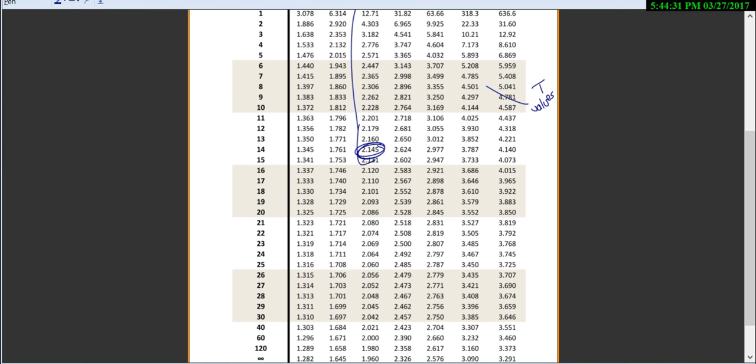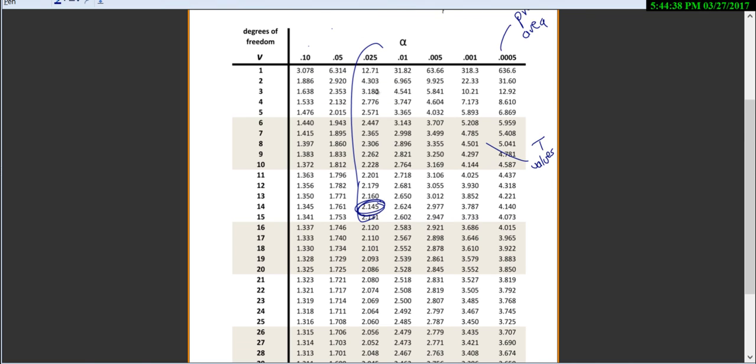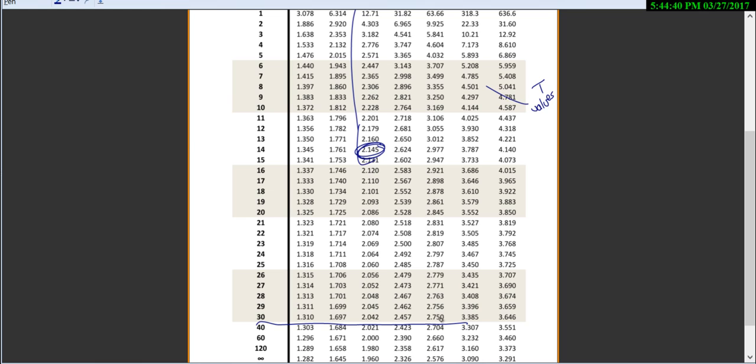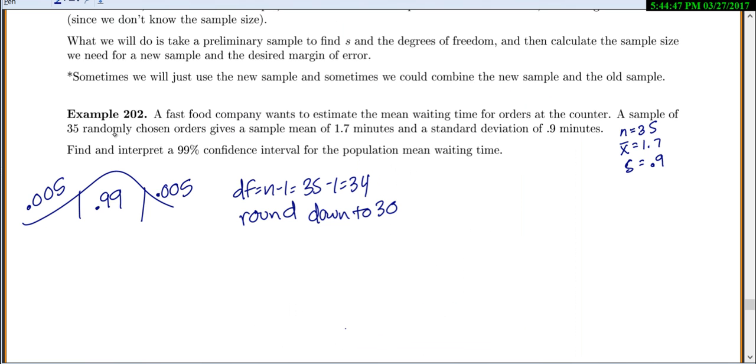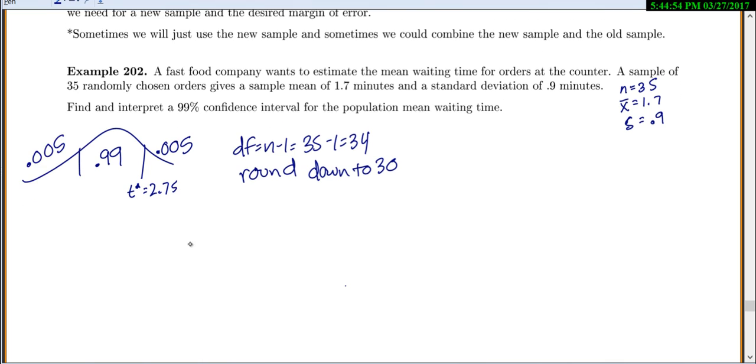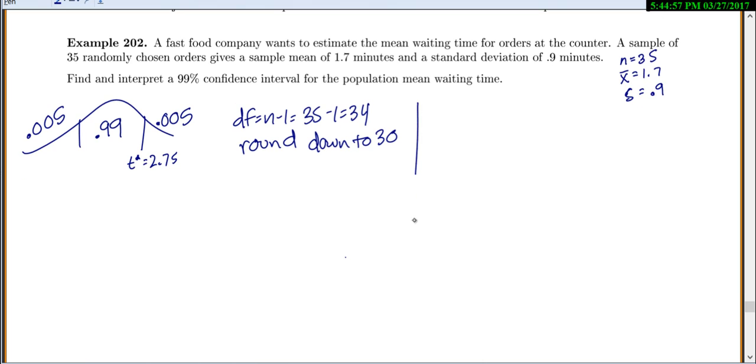So let's go check. Here's my 30. We want 0.005. Looks like we're at 2.75. So my critical point, t star, is 2.75. So let's find our interval: x bar plus or minus our critical point times s over the square root of n.